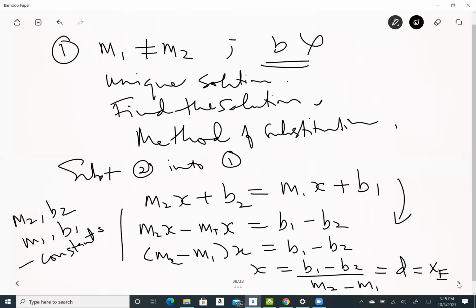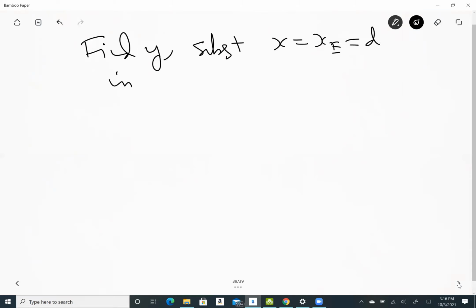The focus is on the method, that means how you do substitution. So what you want to do next is that you want to find Y. So again, we substitute the X equal to XE equal to D into 1 or 2.